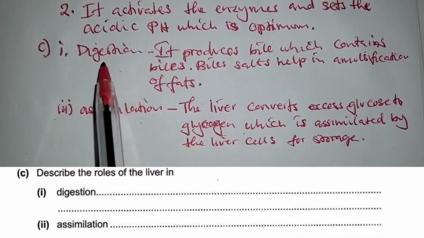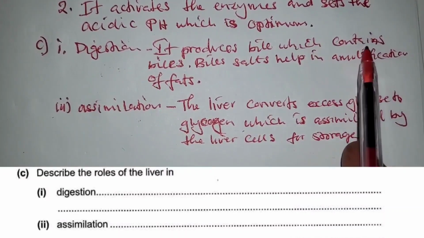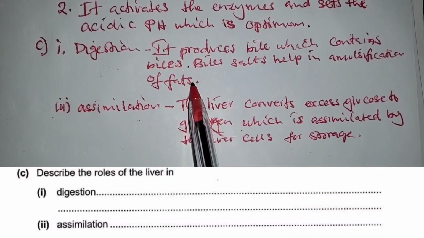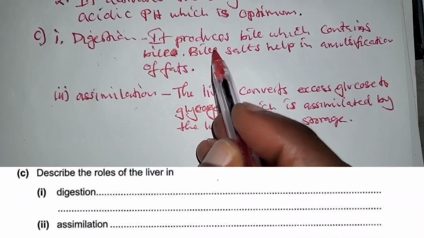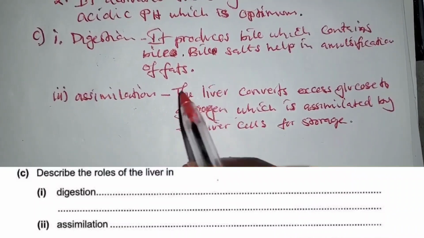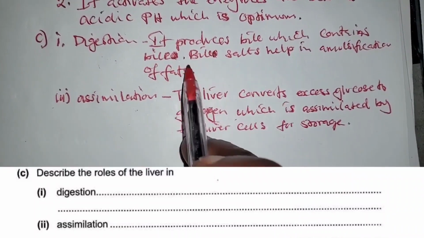The role of the liver in digestion: it produces bile, which contains bile salts.